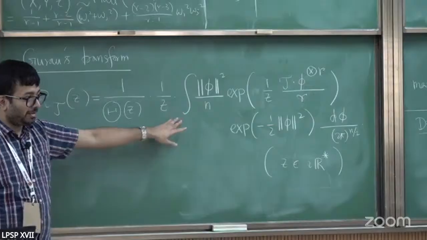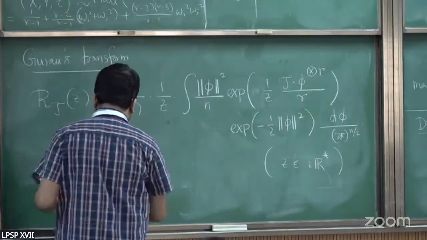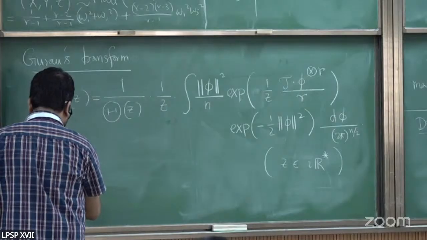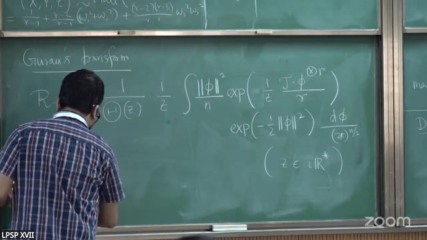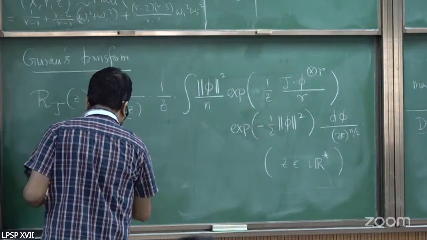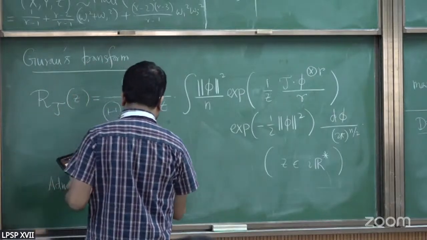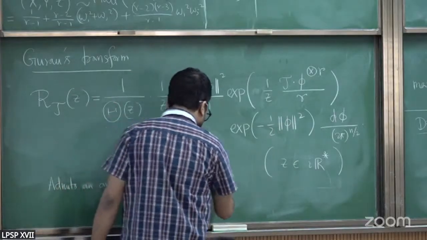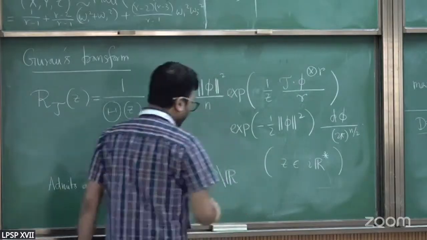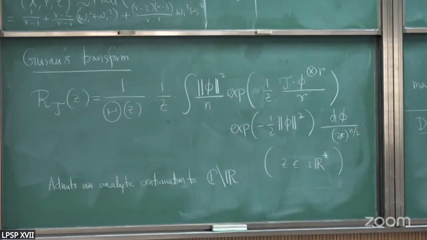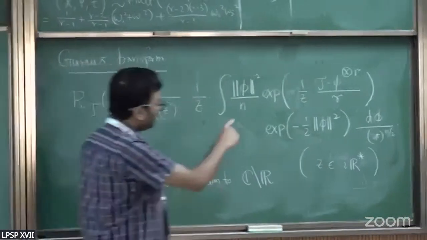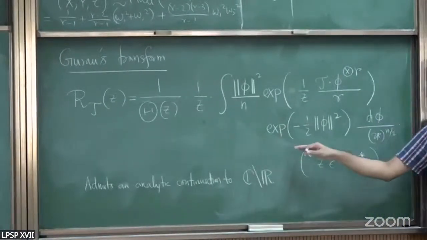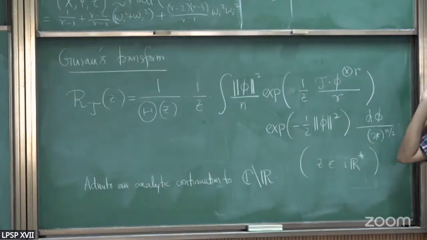It admits an analytic continuation to C minus R. But let us first see, I will try to explain what that beast really does. Let's see that this is actually a generalization of the Stieltjes transform for matrices. So for R equal to 2, this should give you back the Stieltjes transform.